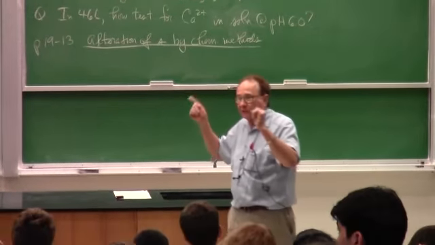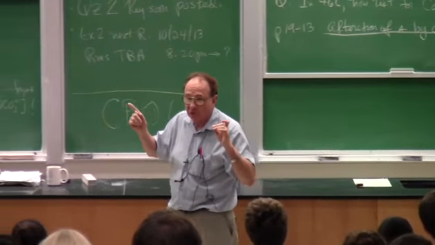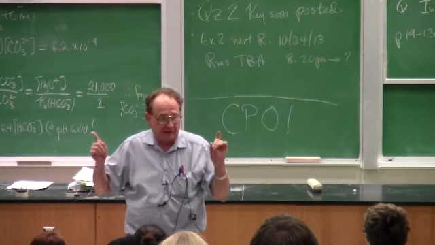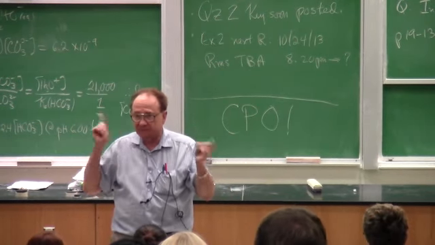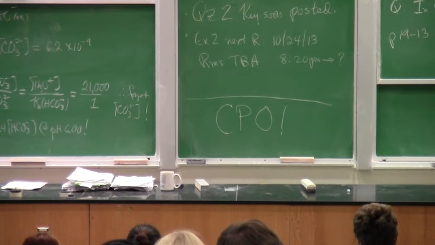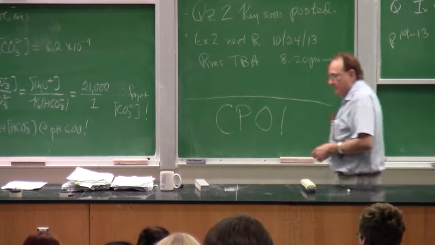Because ammonium ion is a stronger acid than water. It's not a strong acid at all, but it's a stronger acid than water. And chloride ion is not a precipitator of calcium ion. So the system we're going to look at is the system that's on page 1913. Okay?